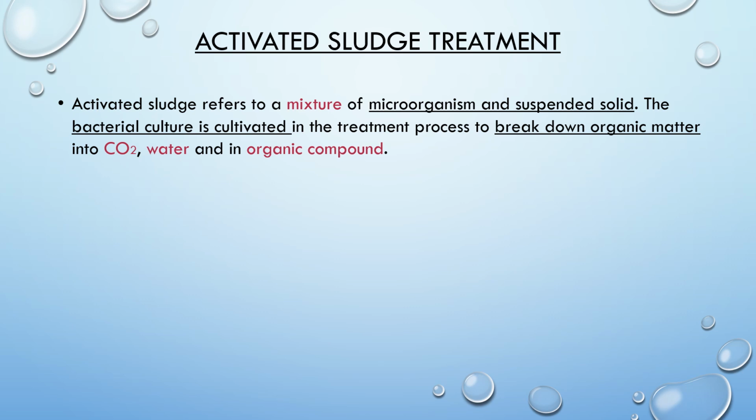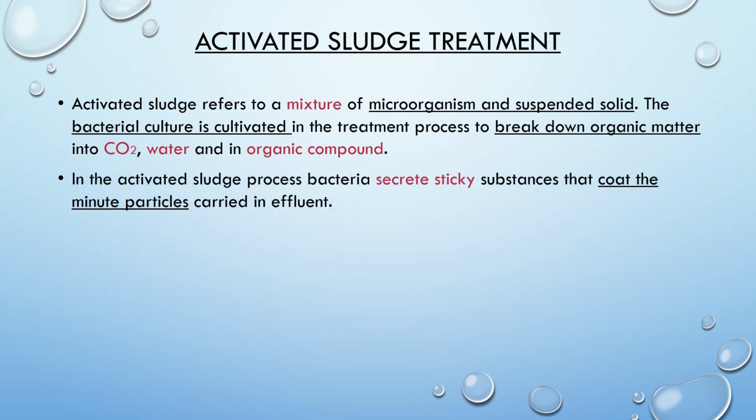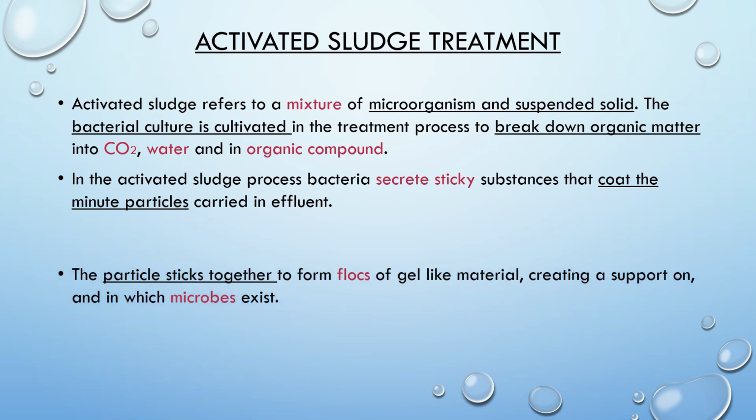The bacteria culture is cultivated in this treatment process to break down the organic matter into carbon dioxide, water, and inorganic compounds. Actually, in this process, the bacteria secrete sticky substances that coat the minute particles carried in effluent.